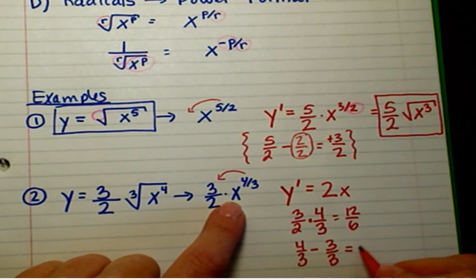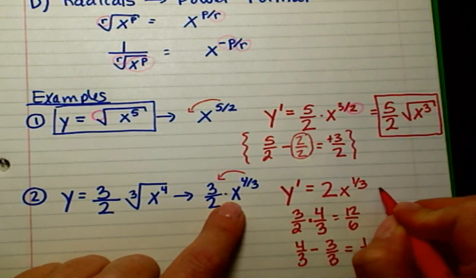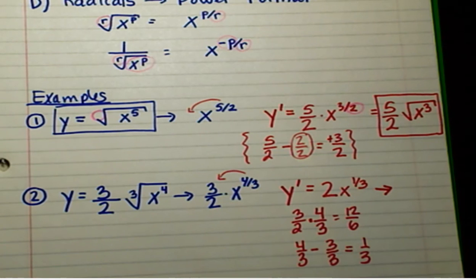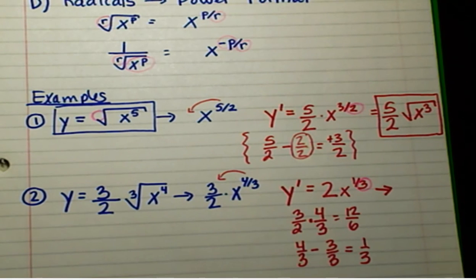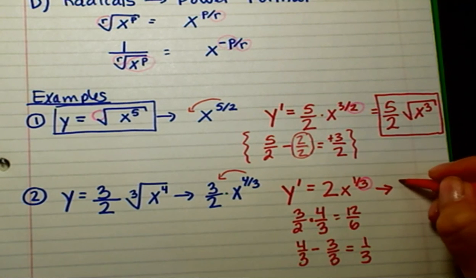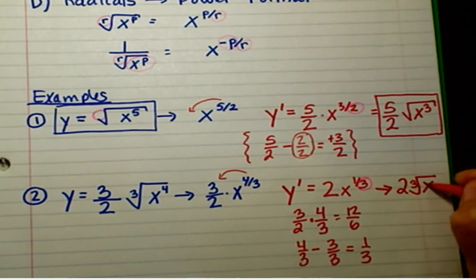Because it's the denominator that has to match, is 1/3. Put it back. Okay, the only thing that has to move is the root because x already has a positive exponent. There's no moving there. Okay, so it's 2 cube root x.